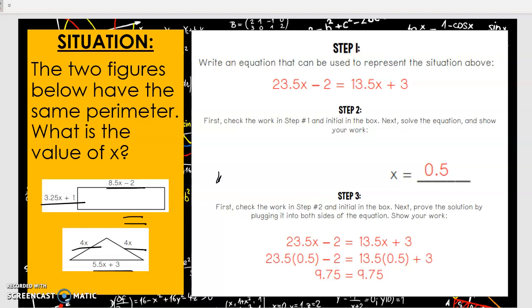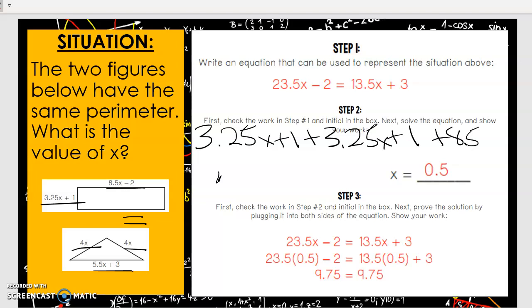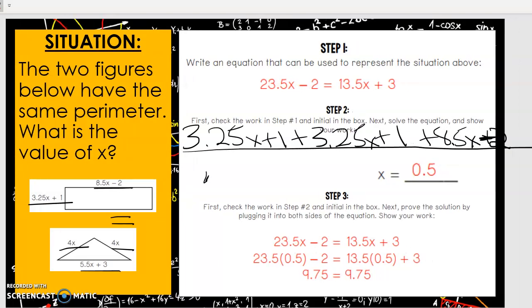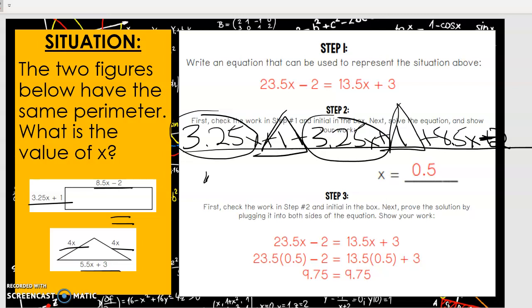Okay, let me see if I can write it all out. So 3.25x plus 1 plus 8.5x minus 2, so on and so forth, and then you have to combine all the like terms. And remember, we do the shapes, so that's an x, that's an x, that's a single number, a whole number.